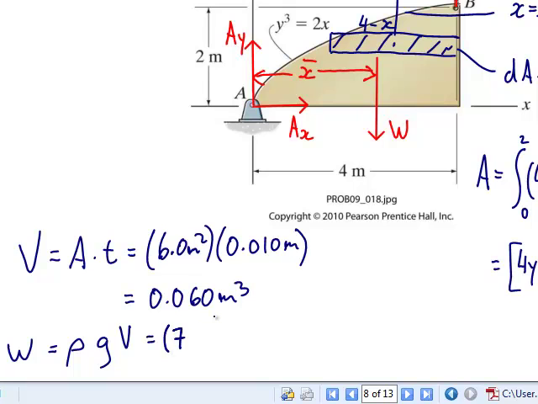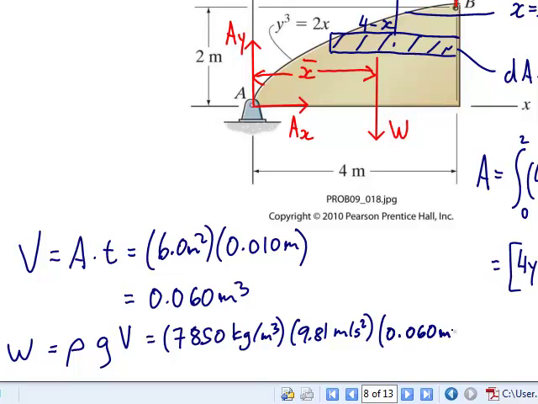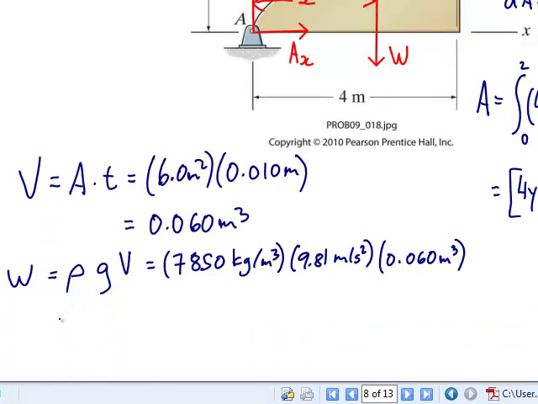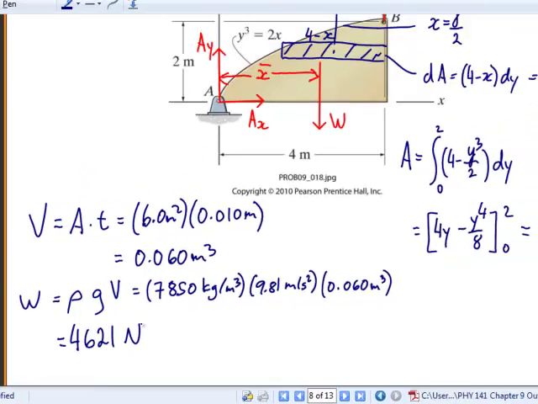So 7,850 kilograms per cubic meter, 9.81 meters per second squared, and 0.060 meter cubed. That gives 4,621 newtons.